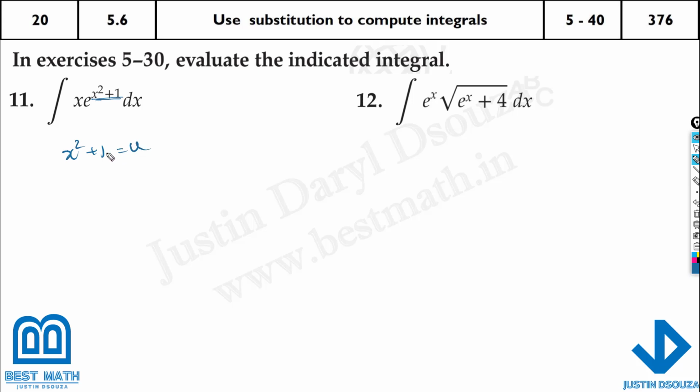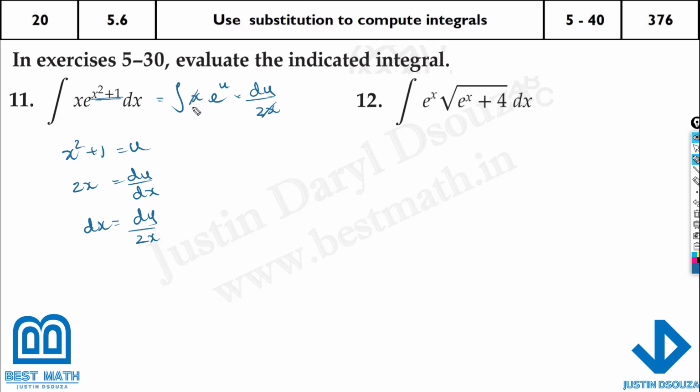Now here, 2x is equal to du by dx. dx goes to the other side. dx will be equal to du divided by 2x. Now what happens here? The integral of x remains. e is the same thing but raised to the power u, multiplied by du divided by 2x.